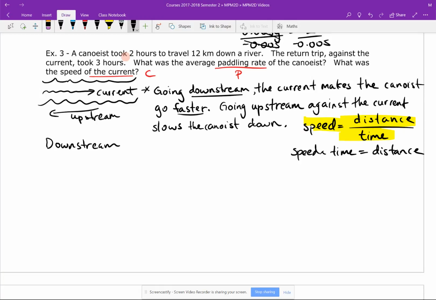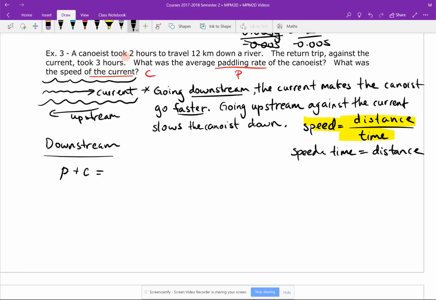Using that idea, let's look at the downstream scenario. You have a paddling speed, so your paddling rate is like a paddling speed. P plus the speed of the current helping you, C, equals the speed going down.